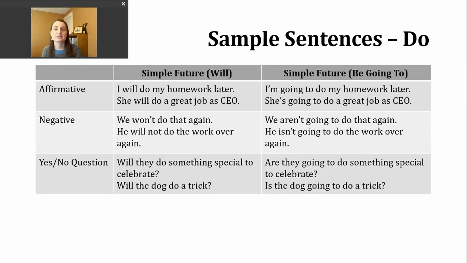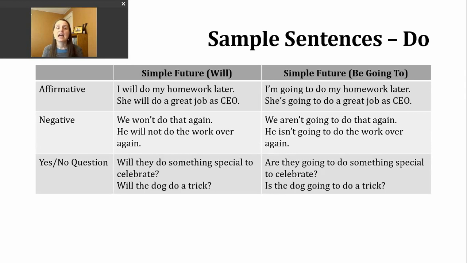And the child responds, I'm going to do my homework later. This might indicate that the person has a plan. I plan to do it after dinner, for example. So that might be an example where these two sentences have a slightly different meaning using will and going to.